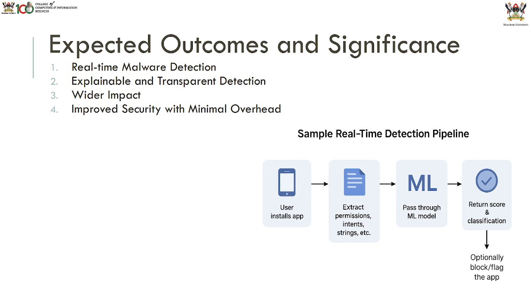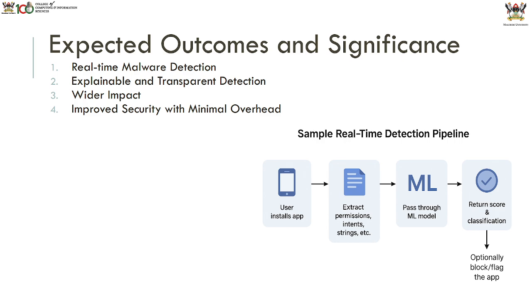So this is the high-level overview of a sample real-time detection pipeline, like when we have already deployed our model, how it will be functioning. So when the user installs their app, I'm assuming that the user already has this model on their phone. When they try to install an app, the next thing will be extracting permissions and intent strings etc. from this app.